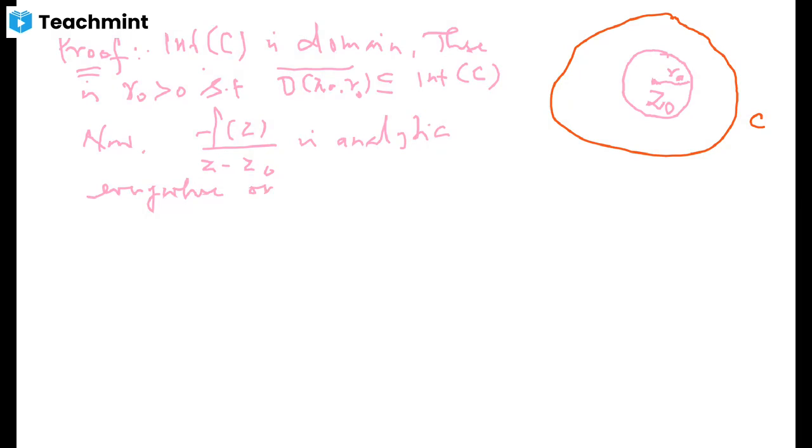Let me write R to be contour C union its interior part, and R is the region. It is analytic everywhere except possibly at z naught. It may not be analytic at z naught. It may be analytic there, but you just assume first that it's not analytic at z naught, because at z naught the denominator goes to 0. So it is not analytic at z naught.